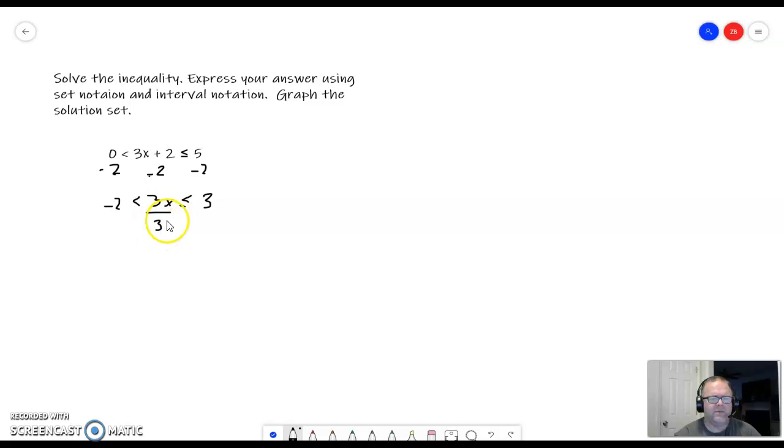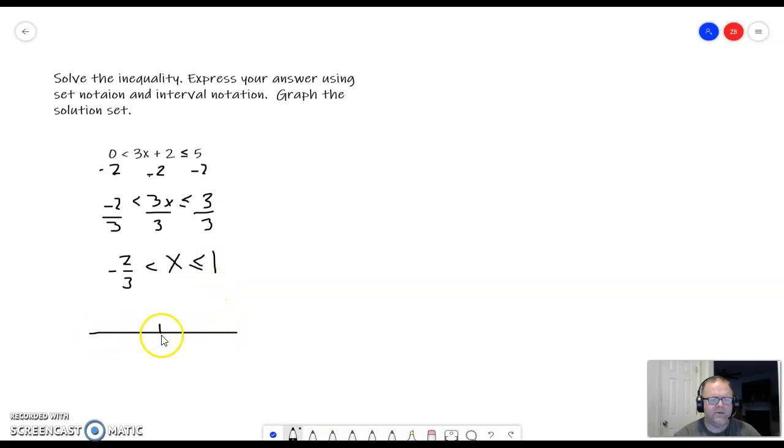So that's negative 2/3 is less than x, which is less than or equal to 1. So x is between these two numbers. It's going to be greater than negative 2/3, and it's going to be less than or equal to 1.